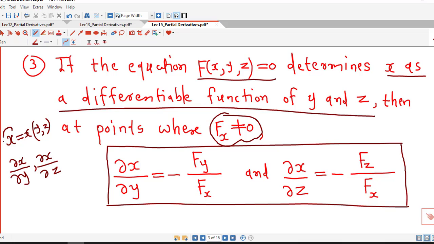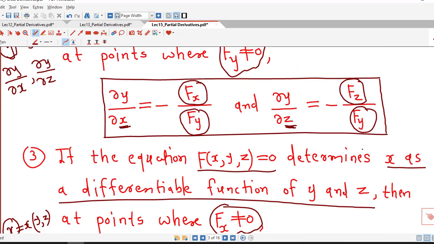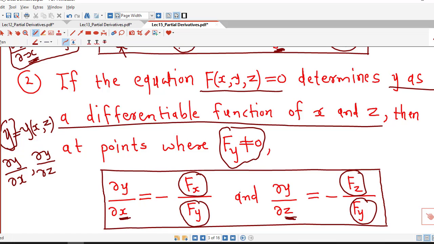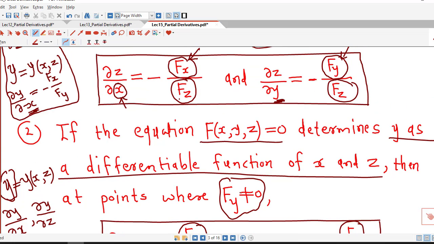We are interested in the partial derivatives of x, so we divide by del f by del x, and here we are interested in the derivative with respect to y, therefore we write del f by del y here. Here we are interested in the derivative with respect to z, so here we write del f by del z. So in this way we can write down the formulas for implicit functions.